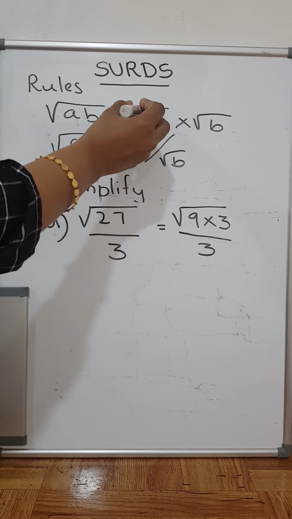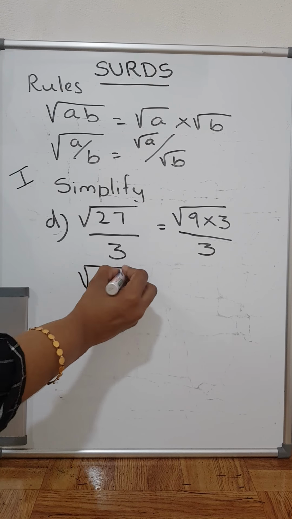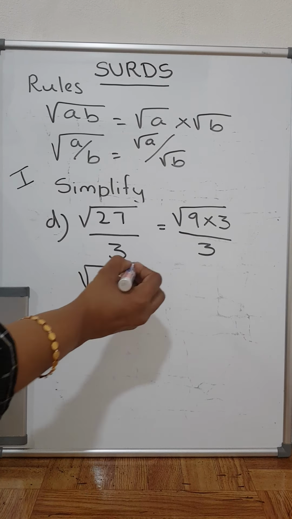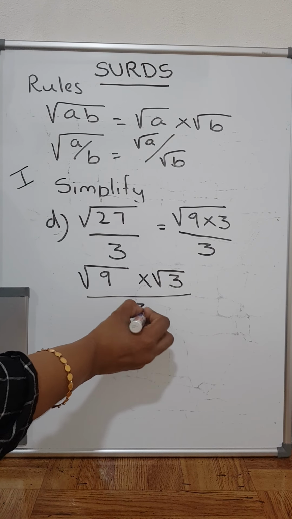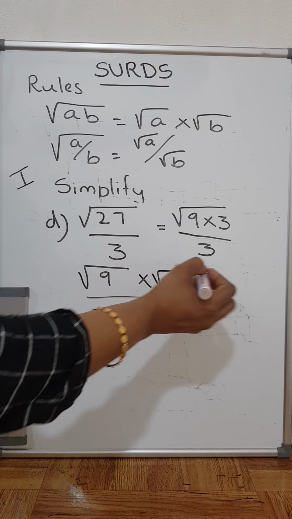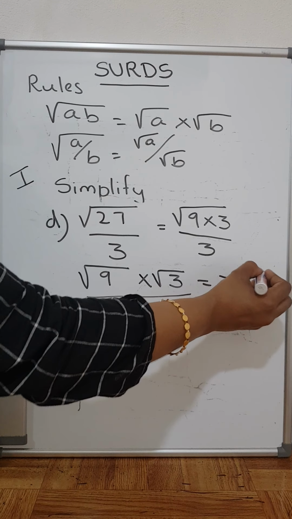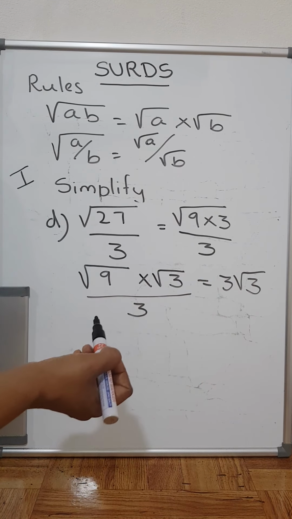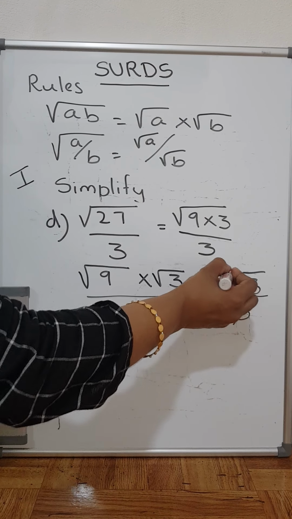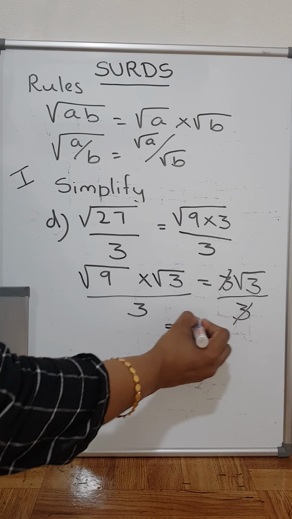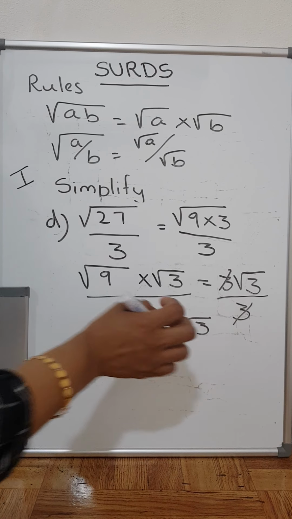So according to the first rule, we can further simplify it as square root of 9 times square root of 3 divided by 3. So square root of 9 is 3, 3 root 3, because 3 root 3 cannot be further simplified. 3 root 3 divided by 3, 3 and 3 can be cancelled. So answer is root 3.